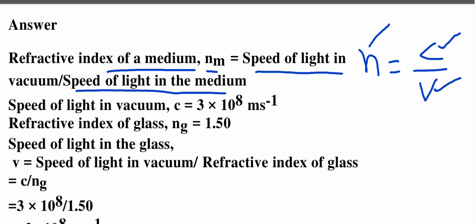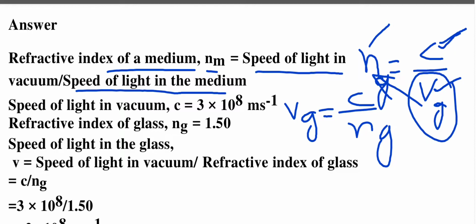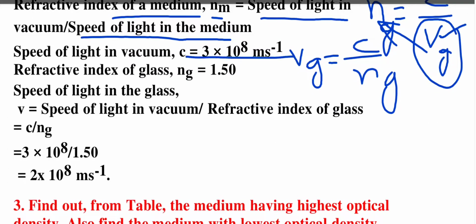We can take it as Ng, the refractive index of glass, is equal to c, the speed of light in vacuum, divided by the speed of light in the medium, that is Vg. Our aim is to find Vg. So we cross multiply, and Vg will become c divided by Ng. c we know, Ng they have given as 1.5.